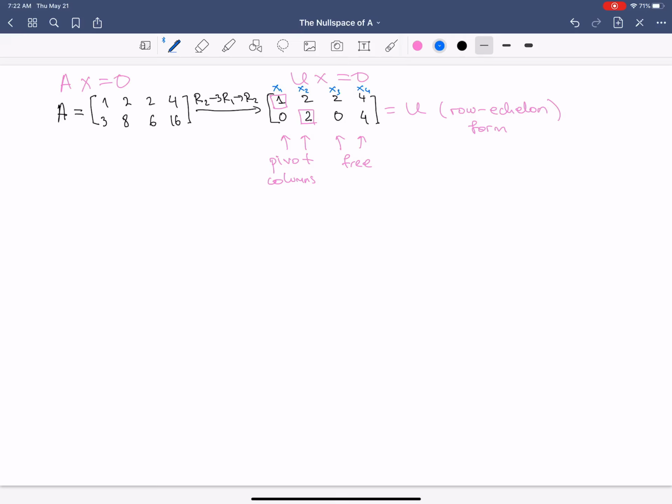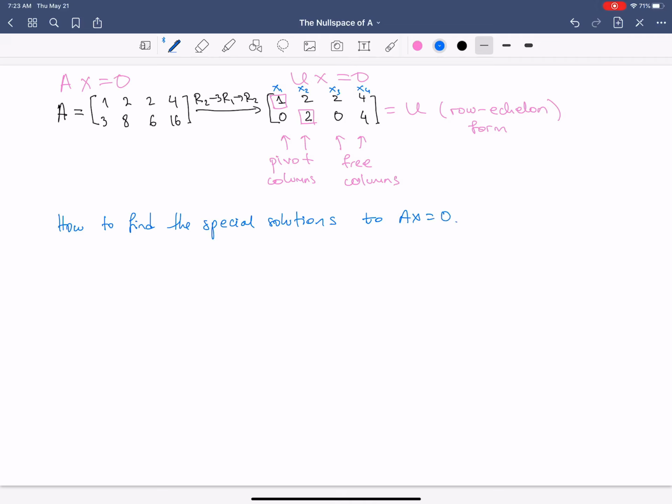All right, so how are we going to find the special solutions in this case? So we want to find the special solutions to the equation.